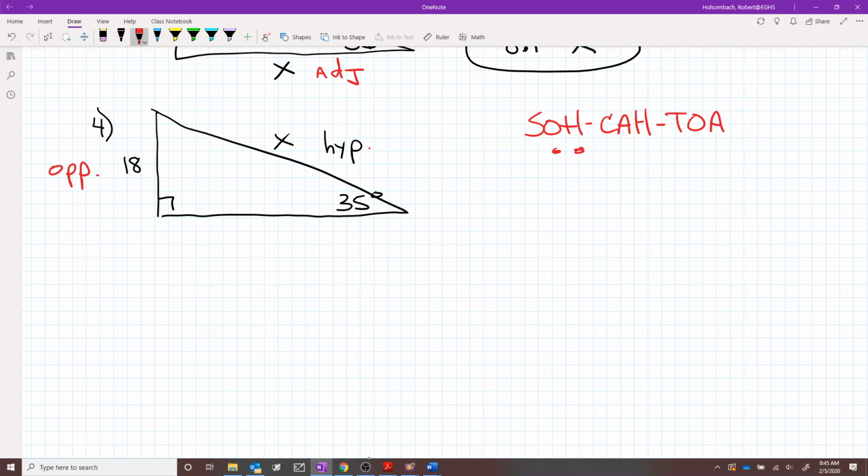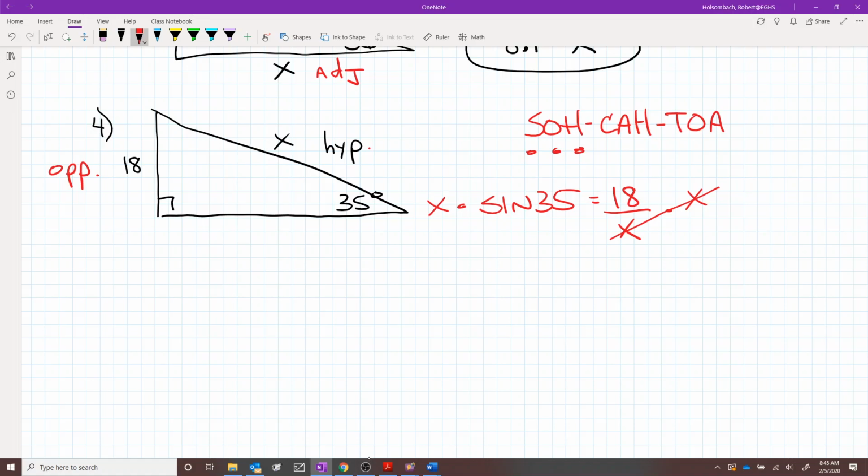Sine equals opposite over hypotenuse. So your equation here is sine of 35 equals the opposite side over the hypotenuse. You can multiply both sides by x. The x on the right cancel.